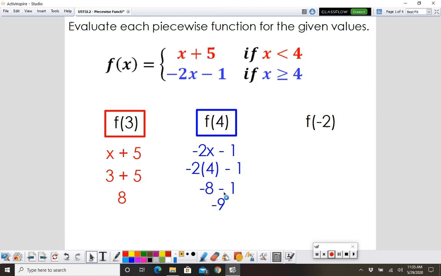Negative 8 minus 1 gives me negative 9. Last but not least, look at your negative 2 and decide where it goes. Hopefully you decided it was here, because negative 2 is less than 4. So again, we use this equation, plug it in, and we get negative 2 plus 5 equals 3.